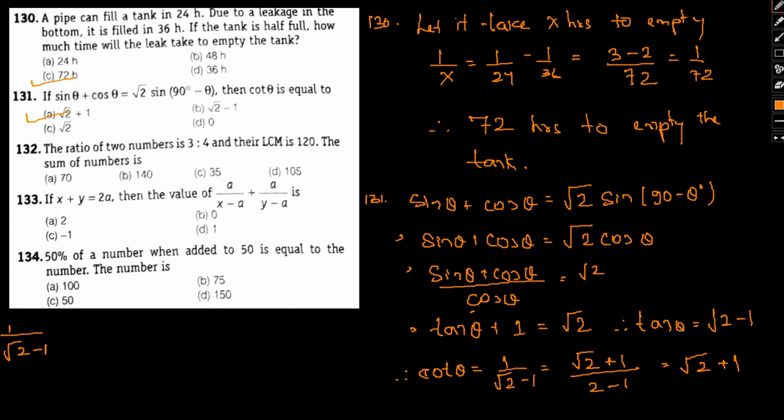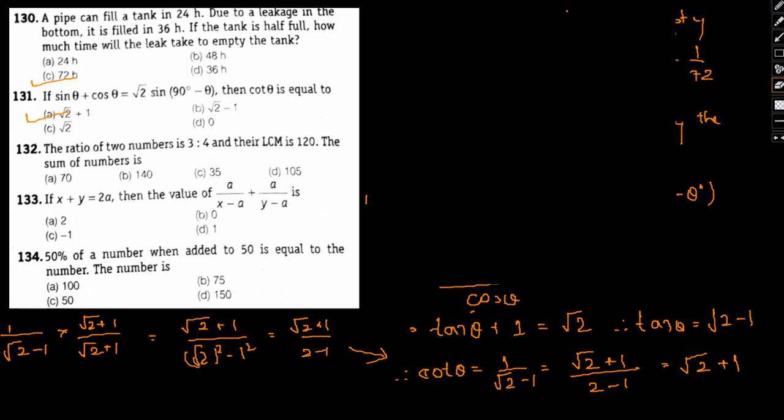Root 2 minus 1 into root 2 plus 1 by root 2 plus 1. So what we do is, it will be (a plus b)(a minus b), that is a square minus b square, that is root 2 plus 1 by 2 minus 1. That's all we did in this particular step. So having said that, let's move on to the next question.